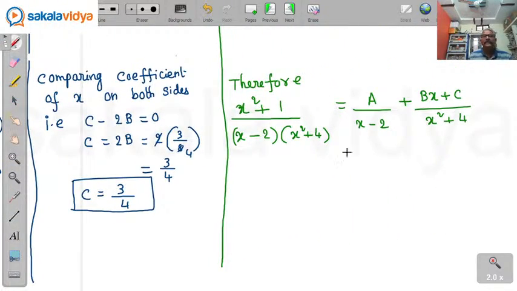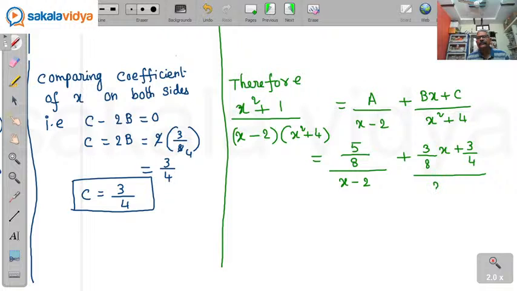So now we can write this equals 5 upon 8 times x minus 2 plus 3 upon 8 x, the c value is 3 by 4, plus 3 by 4 upon x square plus 4. So further it can be simplified. How could you simplify?